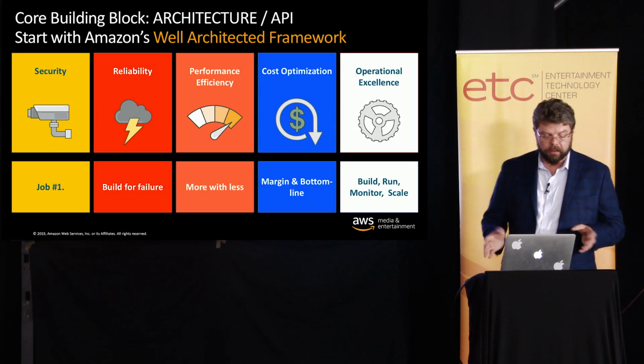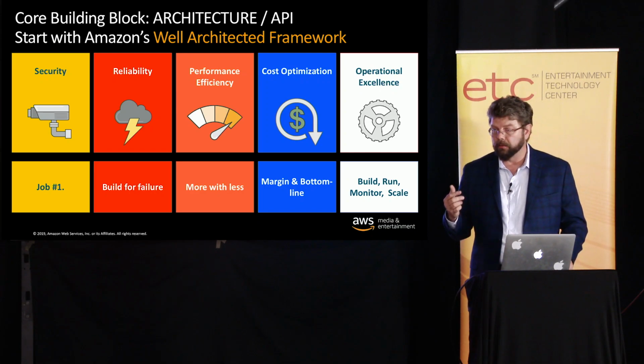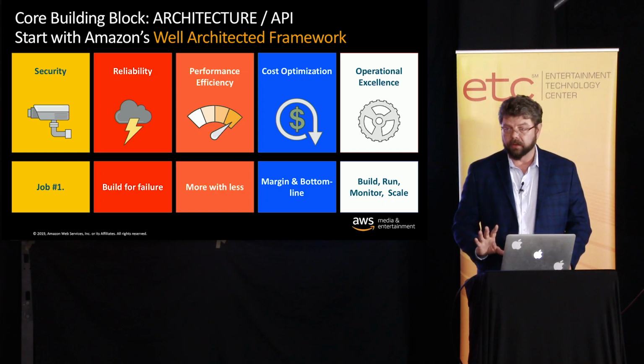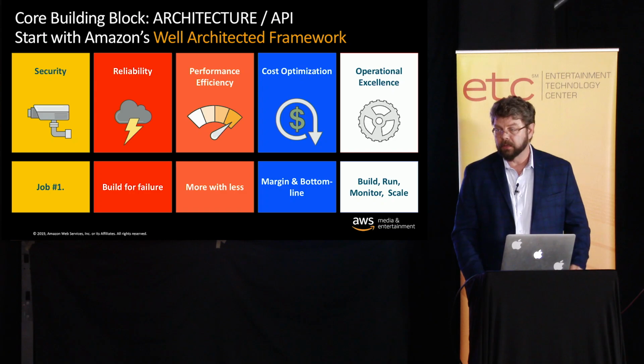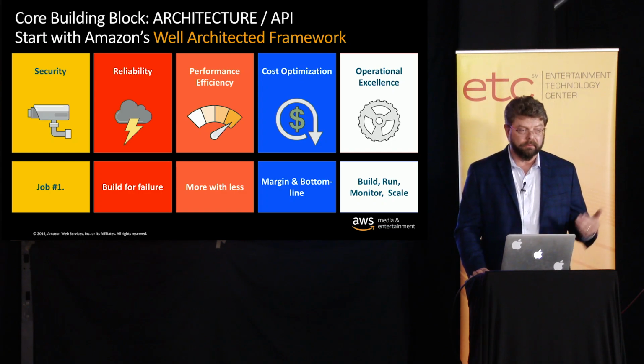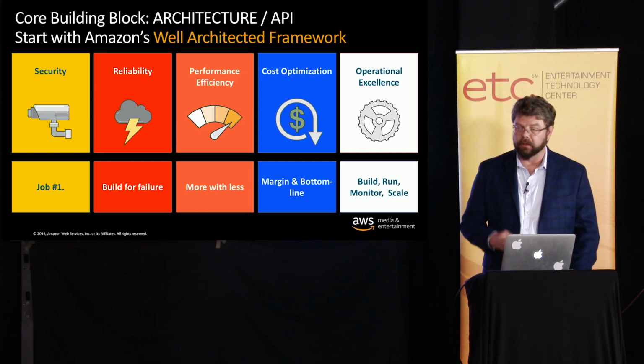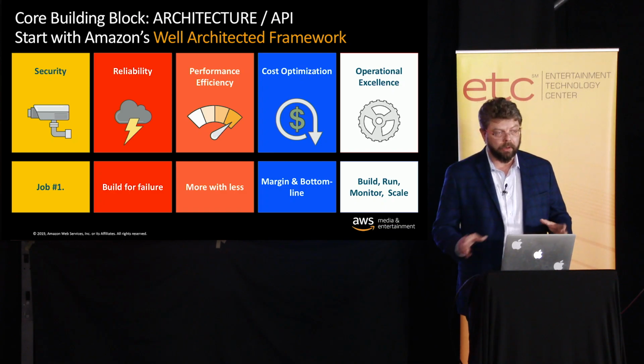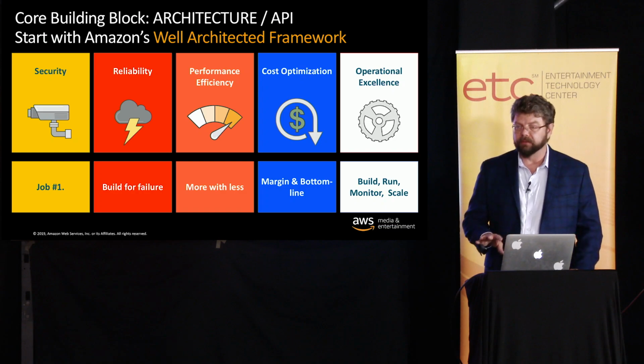Another core building block, Architecture API. If anyone's worked with AWS, this is one of our critical frameworks that we've developed over time, and it's part of our experience. It started in 2012, where we found through pattern recognition that the platforms that were not failing were always doing the right things in 5 different areas.